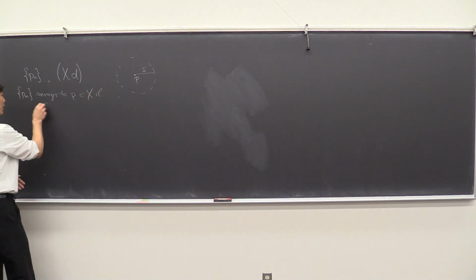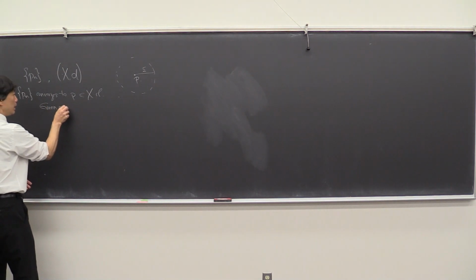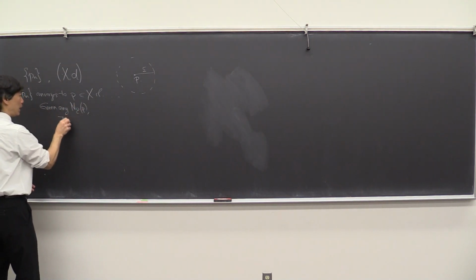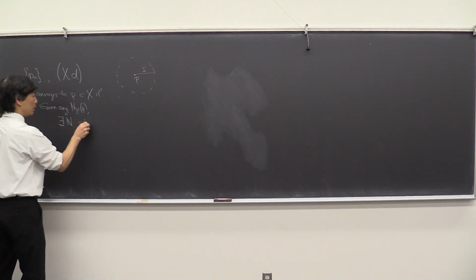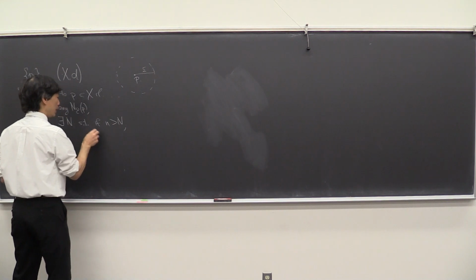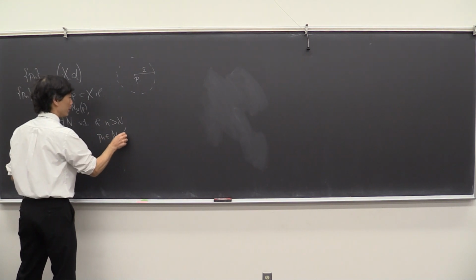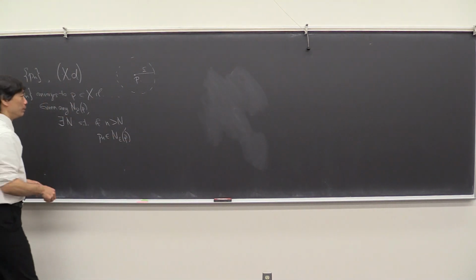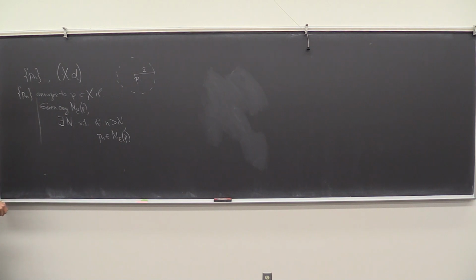So given any neighborhood of p, there exists a time such that whenever you're past that time, then p_n lies in that neighborhood.